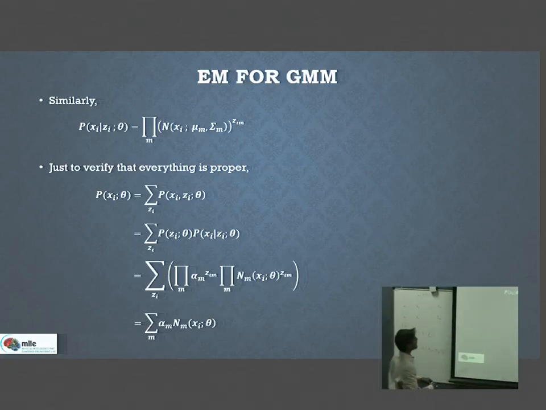To verify, we calculate the GMM density function using the joint density function by marginalizing the hidden random variable. This can be written using Bayes rule as this. Then we sum over z, over all the possible values that z_i can take.